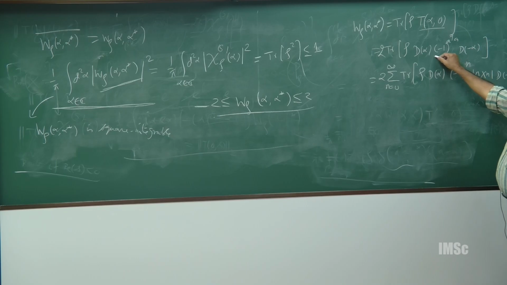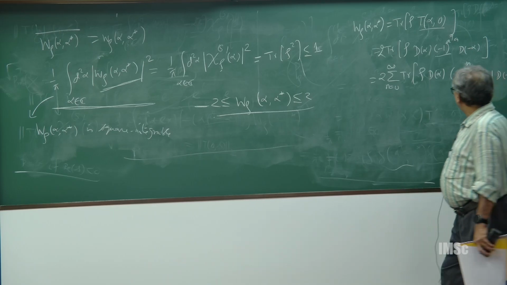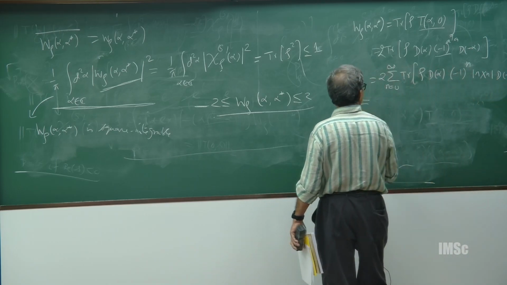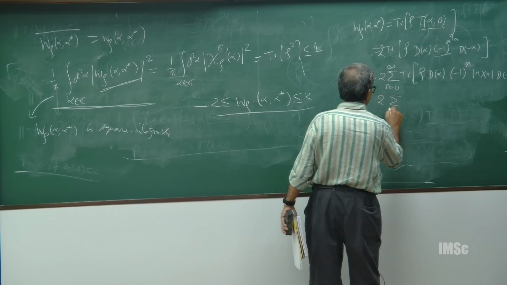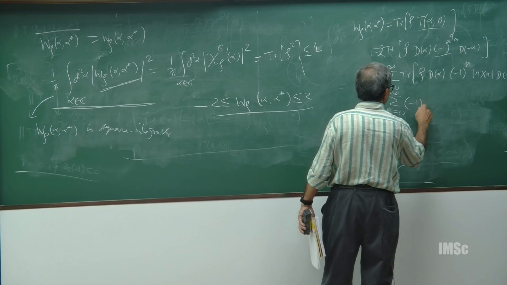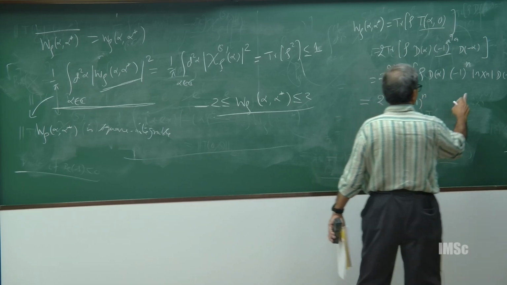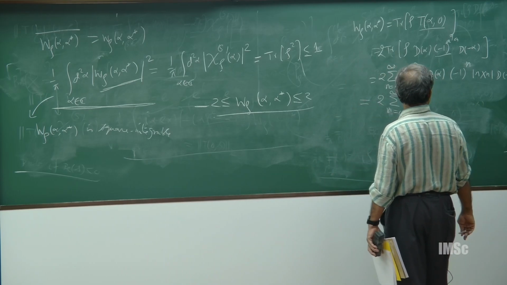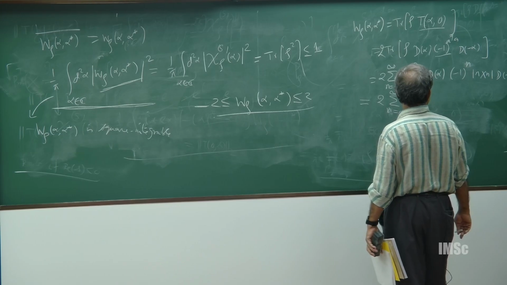So, you write this as a sum over n of this thing. This is the spectral decomposition. So, therefore, this will be 2 times the sum from n equals 0 to infinity of minus 1 to the power n. What will be this?